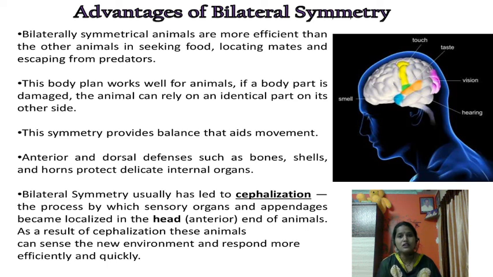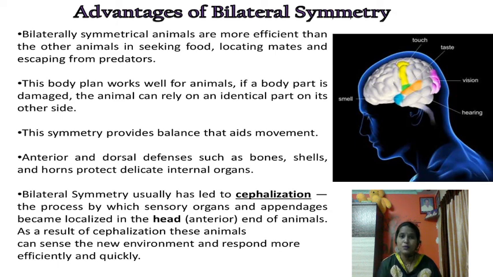Anterior and dorsal defenses such as bones, shells and horns protect delicate internal organs. And the most important advantage of bilateral symmetry is that it has led to cephalization. What is cephalization?